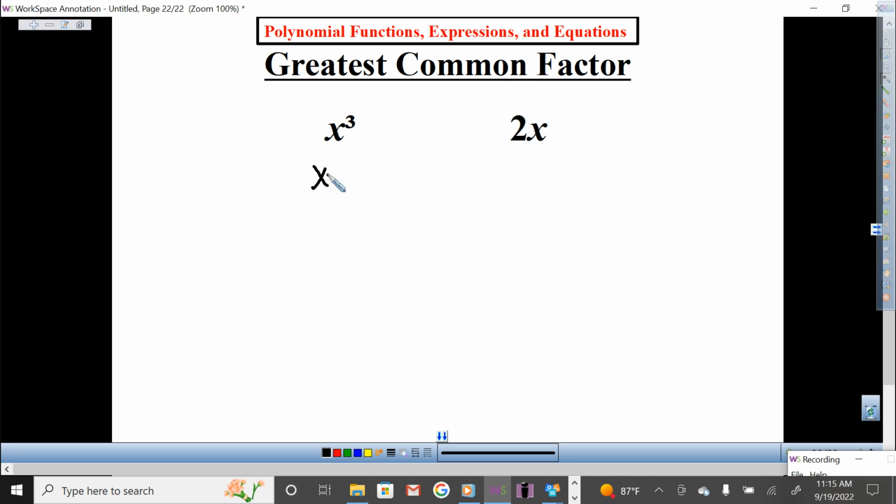Here we have x times x times x. What do we have over here? 2 times x. So what do we have in common for both? x and x. So my GCF would be what? x. Question. What's left over for this side? 2 of them, but they're multiplying, so this is x to the second. What's left over on this side? 2. Copy that, please.